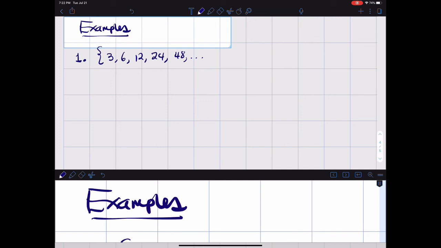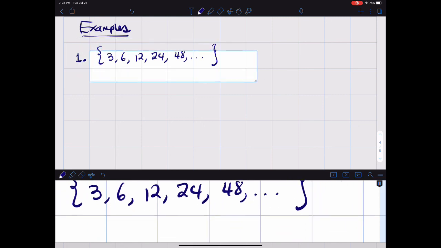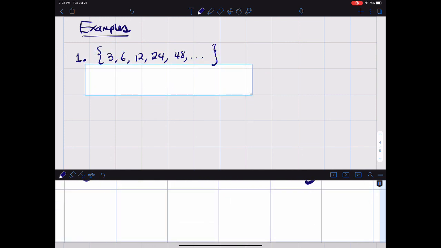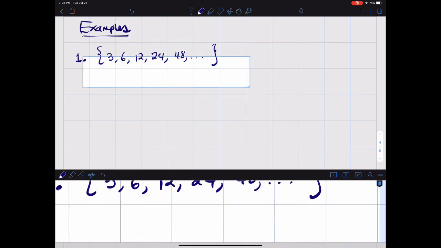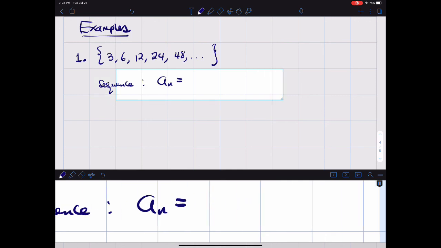So this series, we can talk about the sequence. So the sequence, we know that the formula for the sequence is An is equal to, what is it again? 3 times 2 to the power of n minus 1.